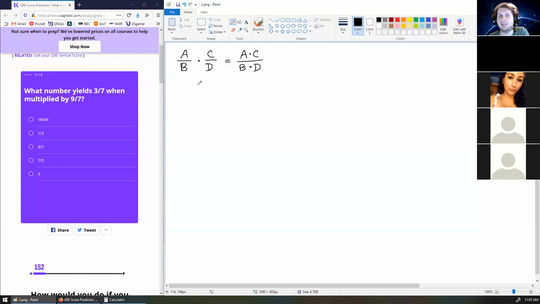What this question is saying is 9/7 times something equals 3/7. And the question is asking, what is this thing?